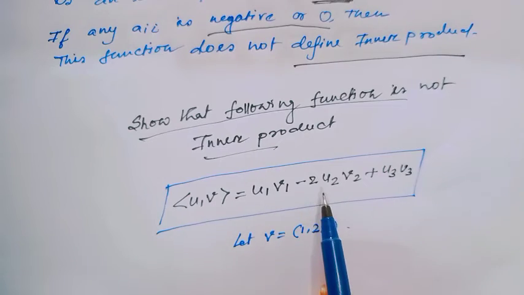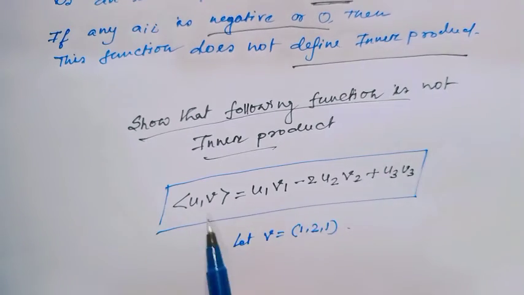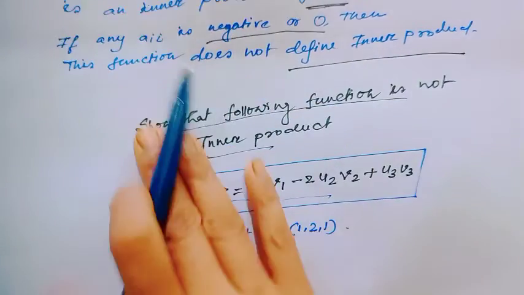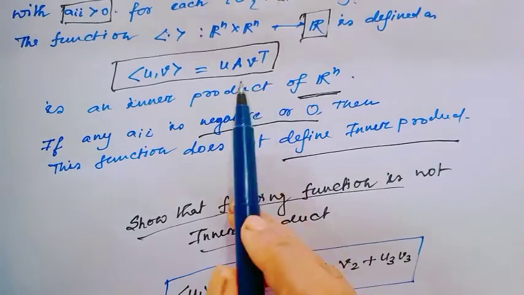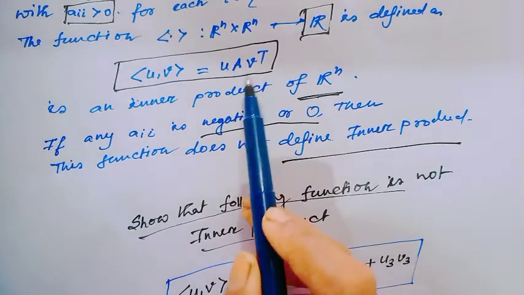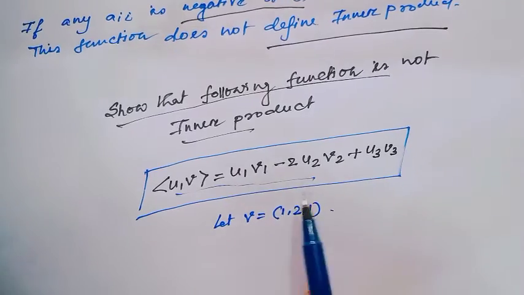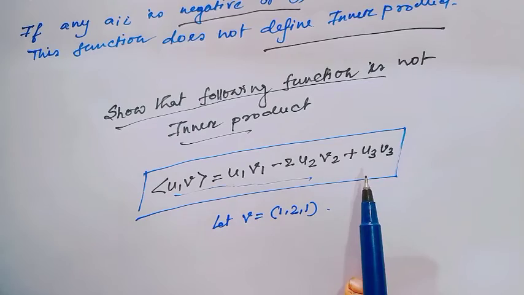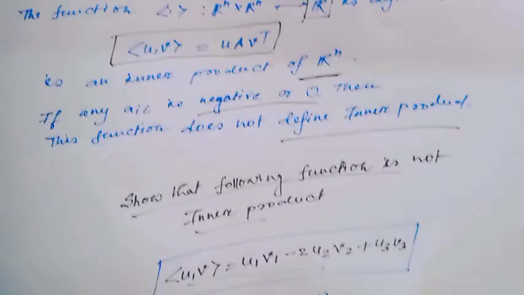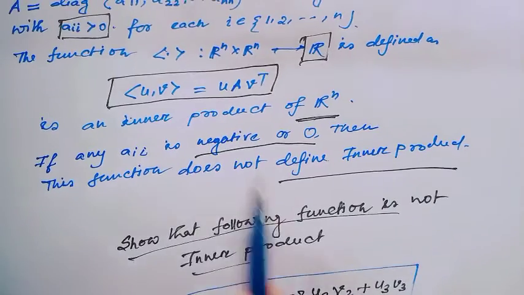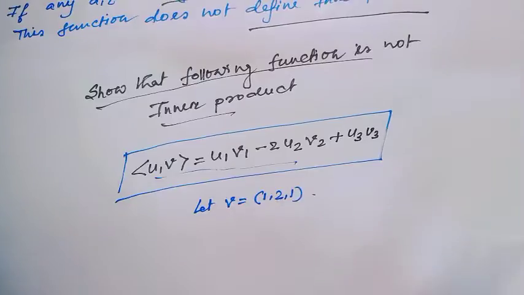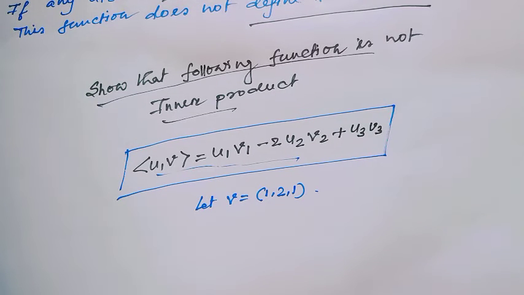Here notice, if we write this term as UAV transpose, then obviously A would be a diagonal matrix, but here a22 is negative. So it may break the condition of inner product. Let's see.